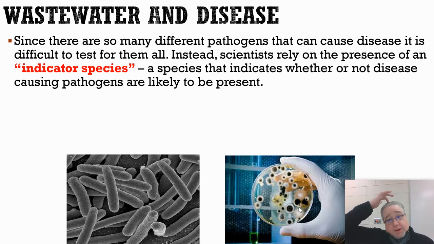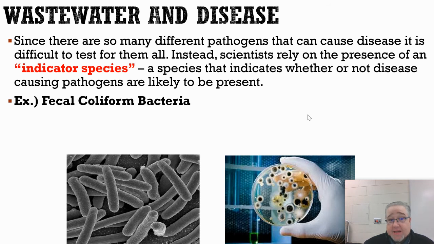Now, one of the things that we do when we're testing wastewater, we test our water to see if it's safe to drink. Because there are so many different diseases that could live in water, we typically look for one general type of bacterial species.